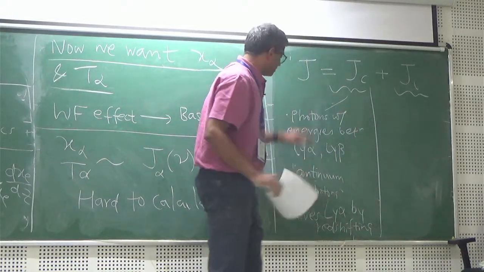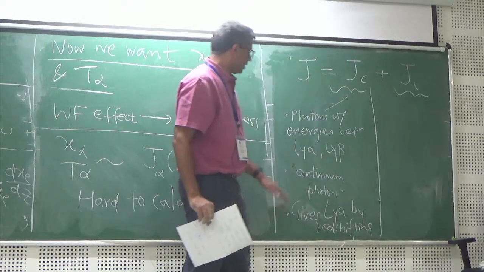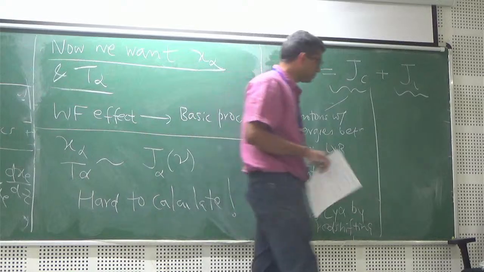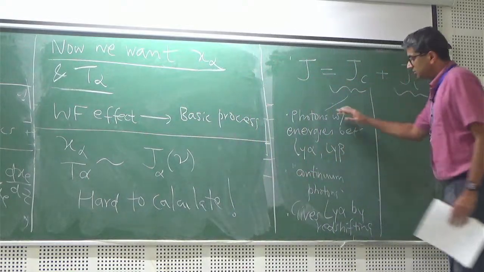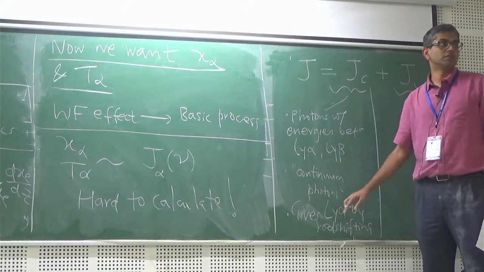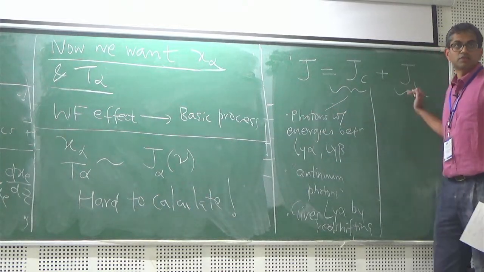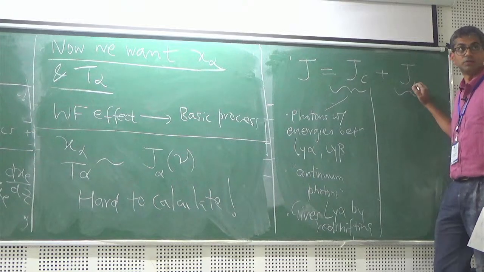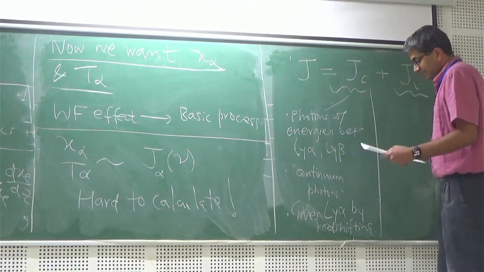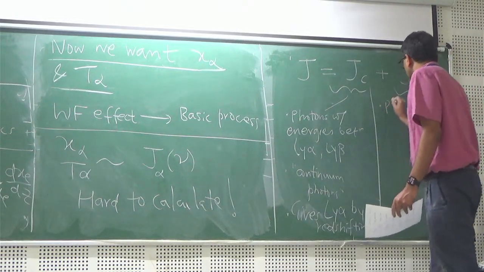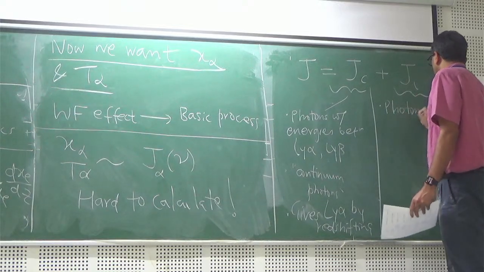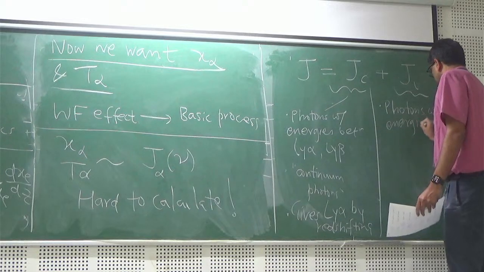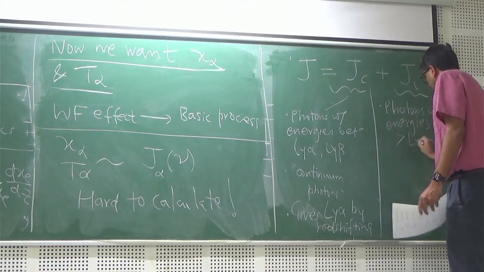It is important for us to have a separate discussion for these photons. But these are not the only photons that exist in this story. There are other photons, and for them we have this extra term Ji. This Ji is photons with energy greater than Lyman gamma.